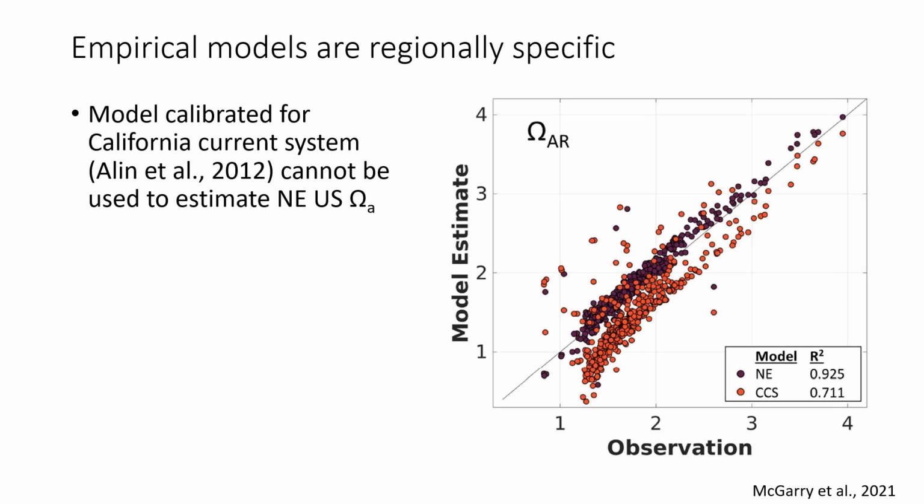So our estimates are plotted in orange here, and we also plotted the model estimates using the model that was developed here specifically for the Northeast US. And you can see that the model for the California current system does not make good estimates of saturation state for the data from the Northeast US, because that's not what it was designed to do.